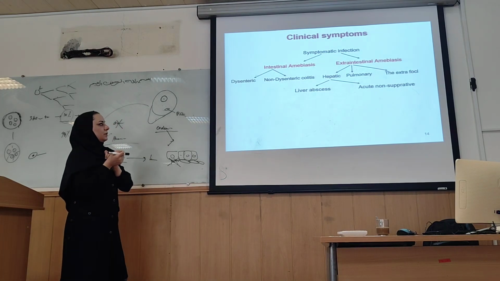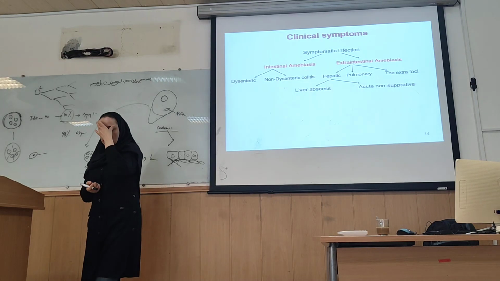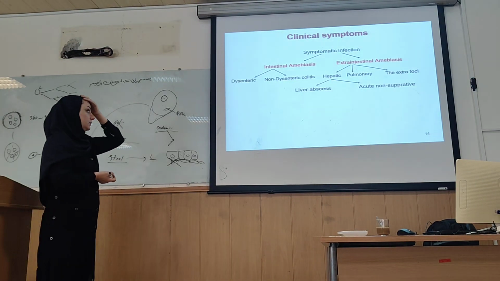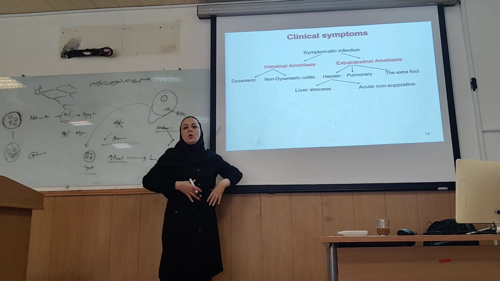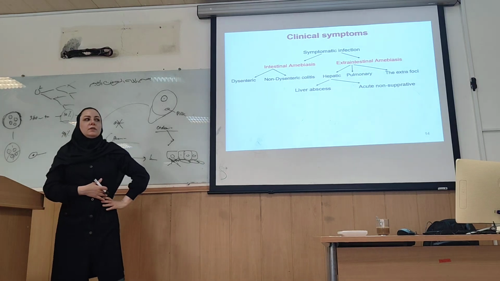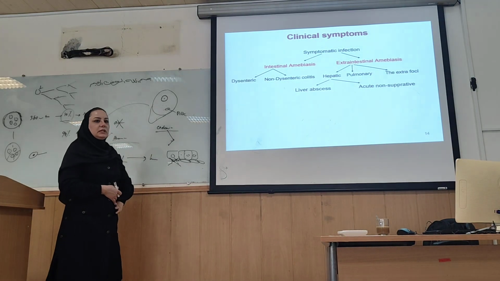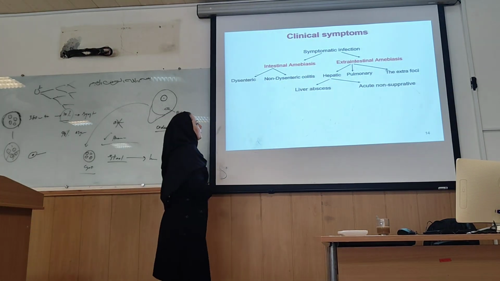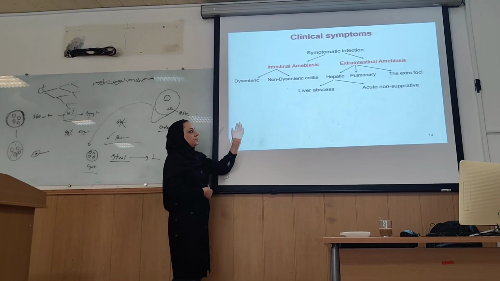In intestinal amoebiasis, the hallmark is dysentery. Sometimes they just have colitis, inflammation of the large intestine, and sometimes we have diarrhea, but we don't have any RBC in the stool. But in the severe form, we have dysentery.